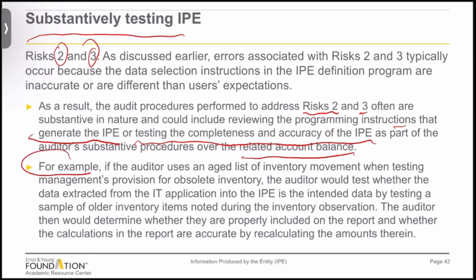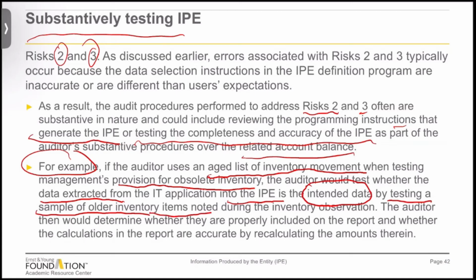So as an example, if the auditor uses the age list of inventory movement when testing management's provision for obsolete inventory, the auditor would test whether the data extracted from the IT application into the IPE is the intended data by testing a sample of older inventory items noted during inventory observation. So from the inventory list that crossed over with your inventory observation, okay?